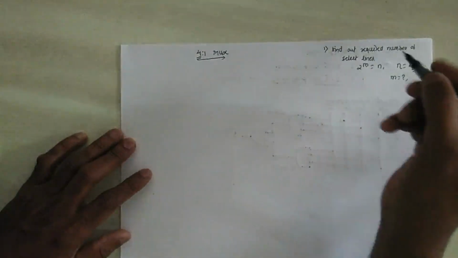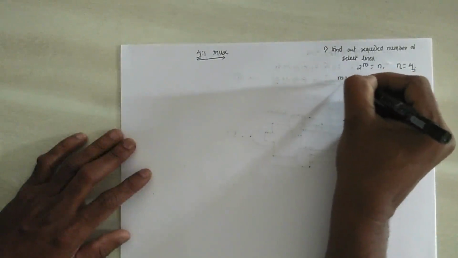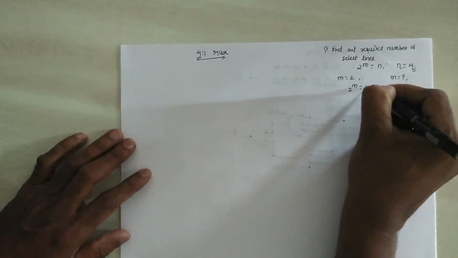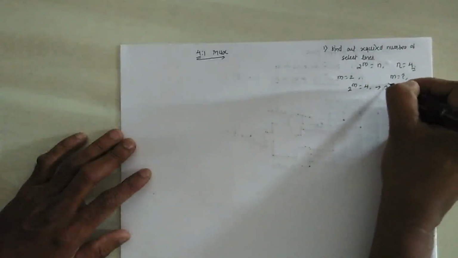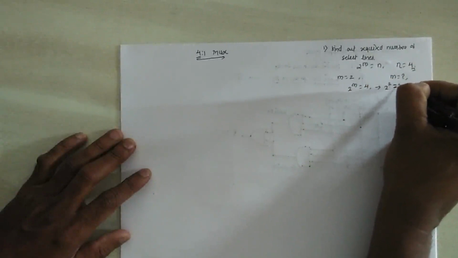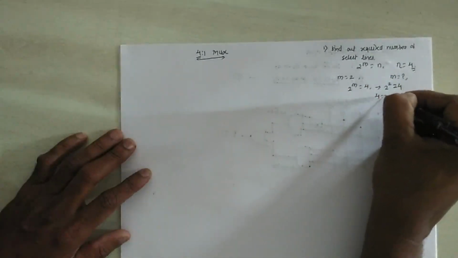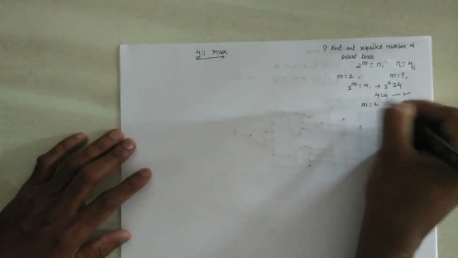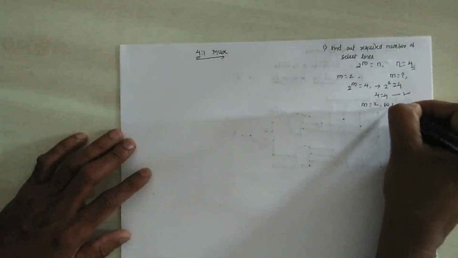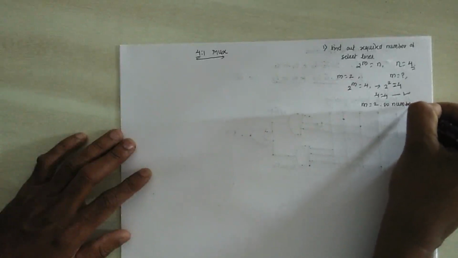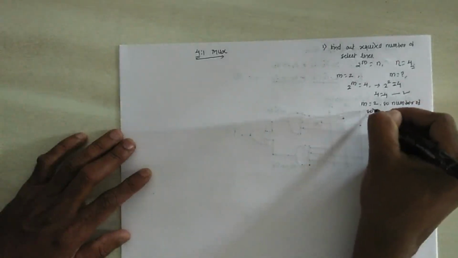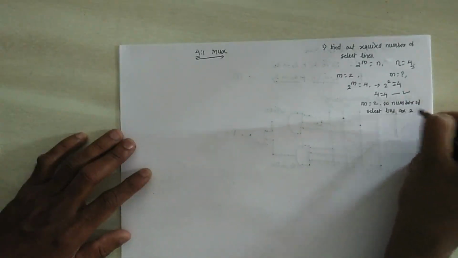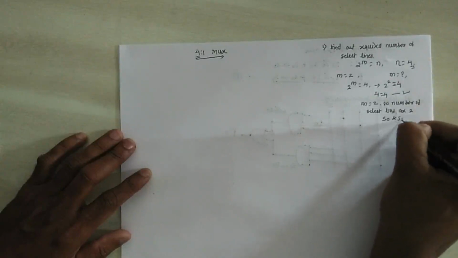Let's go through. M is equal to 2. In this equation, 2^m is equal to 4, so 2^2 is equal to 4. So 4 is equal to 4. This equation will be satisfied at m is equal to 2. So the number of select lines are 2, and those are S0 and S1.